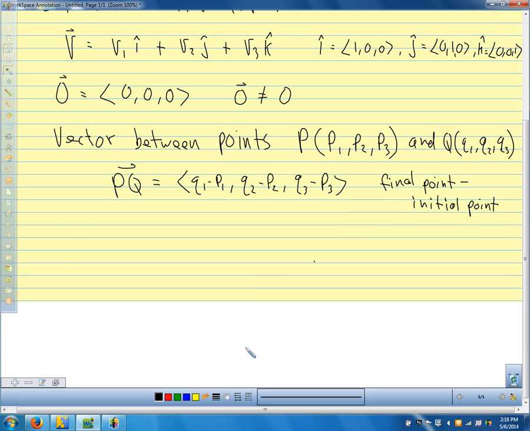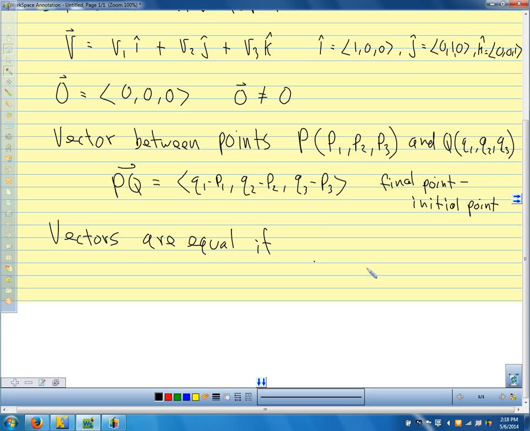We can tell when vectors are equal. Remember how we decided when vectors are equal. What has to be true if vectors are equal? They have to have the same magnitude. They have to have the same direction. How can we easily tell if they have the same magnitude and the same direction? If we have them written out in component form. You said something like the points match?